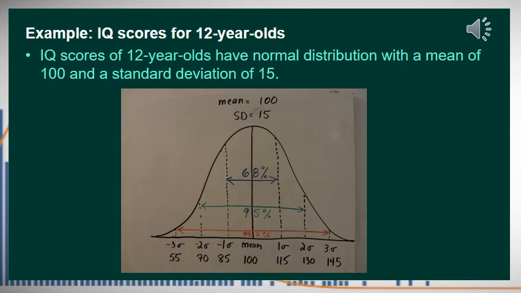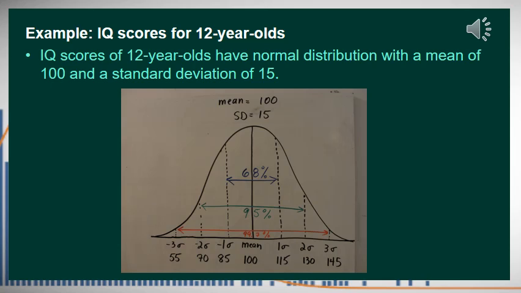On the second line, right at the center, I have my mean, 100. And if I remember, the standard deviation is 15. On the right, I have 100 plus 15 for 1 standard deviation is 115. And then plus 15 again for 2 standard deviations, 130, and 3 standard deviations above the mean will give you 145.